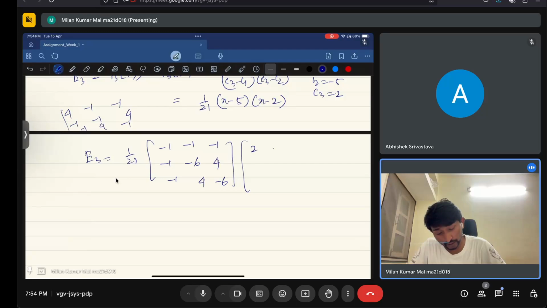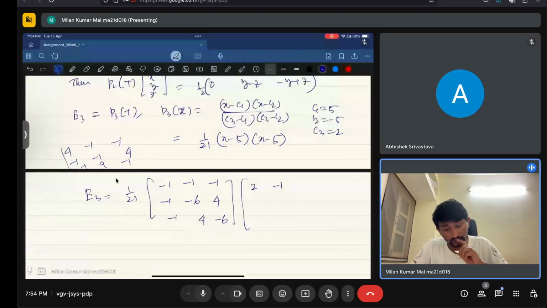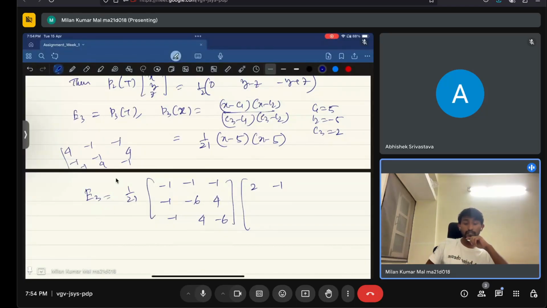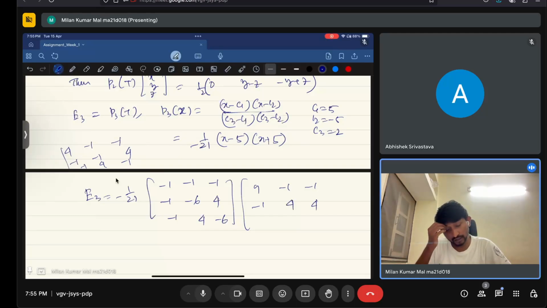Another one is c3 minus c1, 2 minus 5 is minus 3, and 2 plus 5 is 7, so this is plus 9, minus 1, minus 1, minus 1, and that is 4, that is 4 again, minus 1, 4.